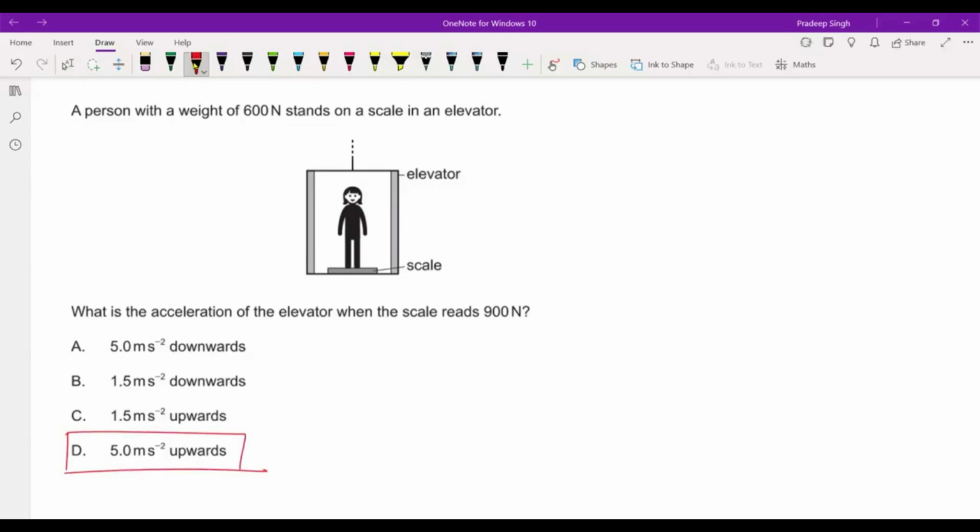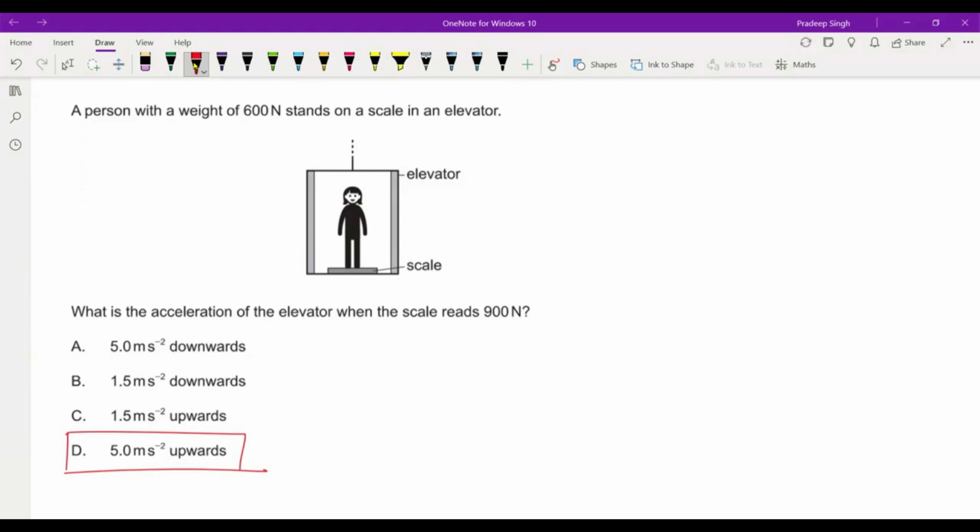So I thought that the net force would be 900 minus 600, so 300. And 300 is equal to ma.